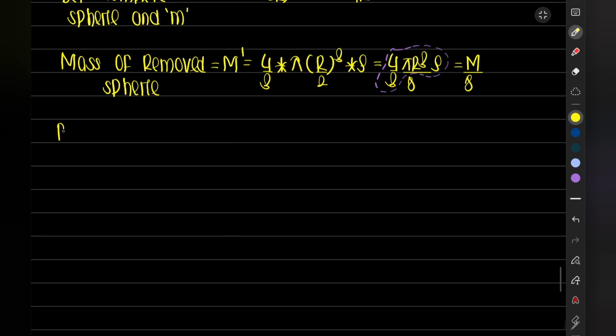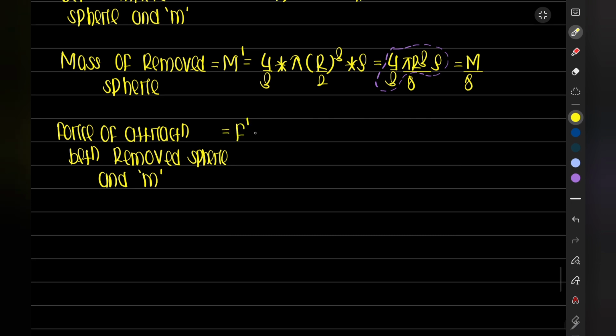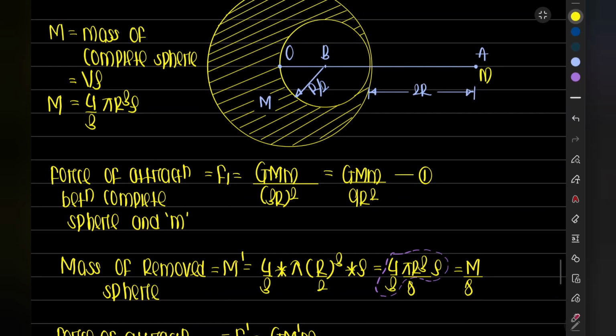Now the force of attraction between the removed sphere and small m, I'm going to name it F dash, which will be G m dash, the mass of the removed sphere, into small m, and the distance will be, let's see the distance, basically from here to here.